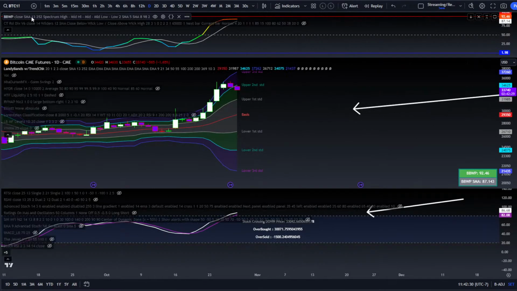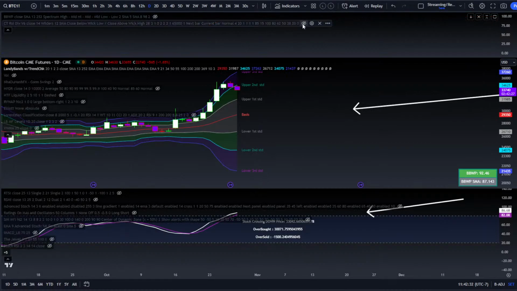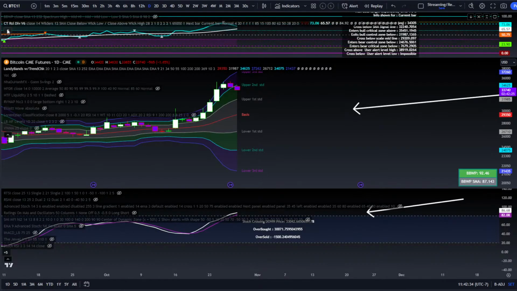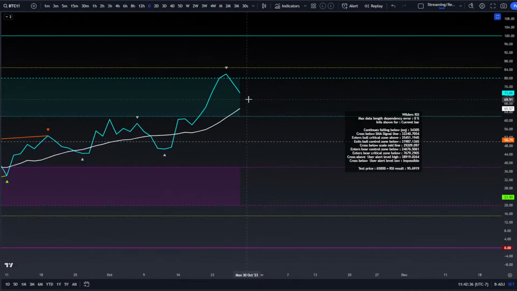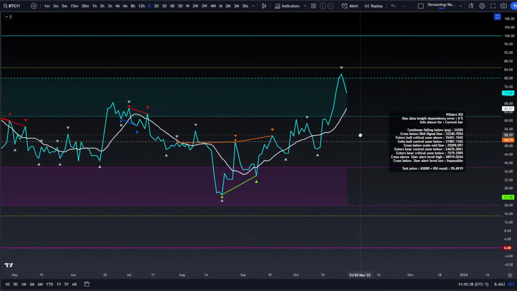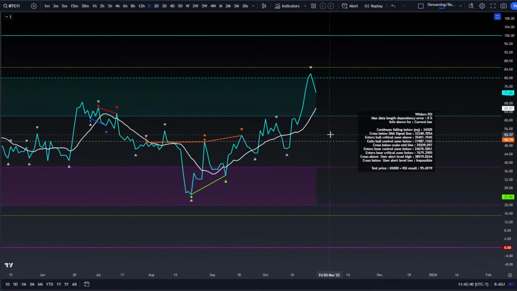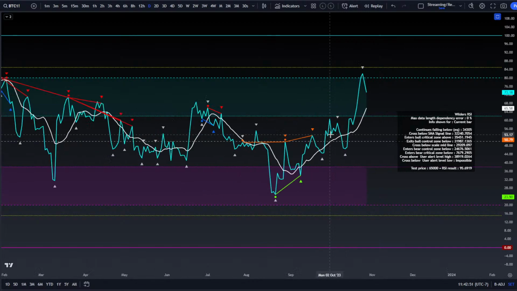And the other big thing that I want to call out here is that we don't have any in-trend bearish divergence right now. This really doesn't turn bearish even in the slightest outside of pullbacks until we start seeing bearish divergence build.